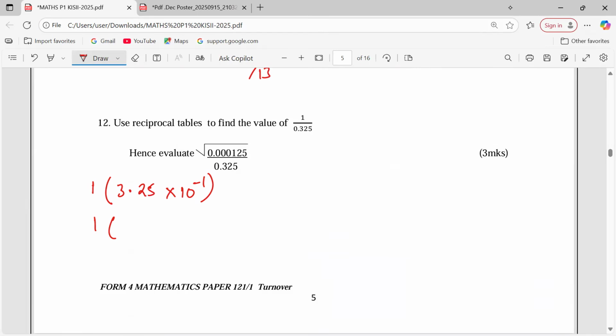It should be known that the reciprocal of 10 power -1 is 10 power 1. Now we reverse the power. If it was 10 power 1, it would become 10 power negative 1. If it was 10 power -2, it would become 10 squared. So we just reverse the sign on the power. Very simple.